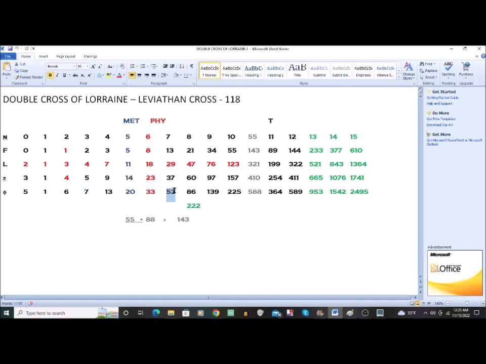Where does the 77 show up as well? Here's the 77, between the 4 and the 6. So the 4, 6, 46 is referencing 77.